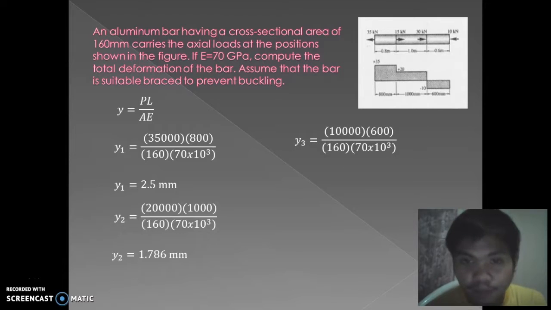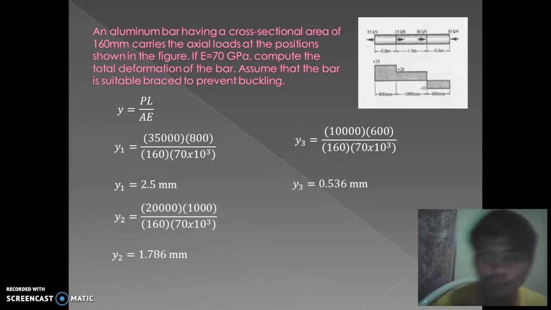Similarly, for the third one, we use y3 is equal to 10,000 times 600 all over 160 times 70 times 10 raised to 3. And we get y3 is equal to 0.536 millimeters.